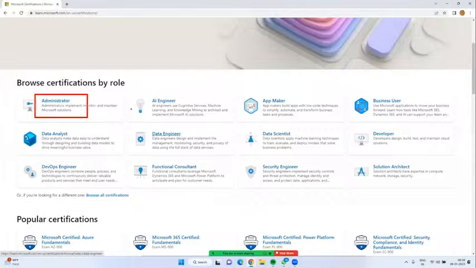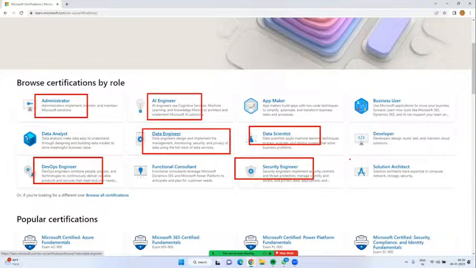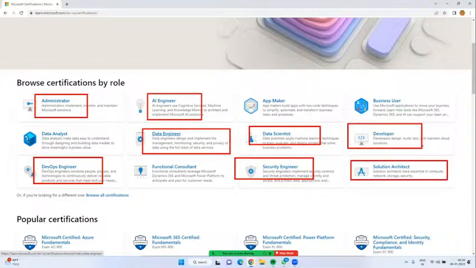We have administrator, artificial intelligence, DevOps engineer, data engineer, data scientist, security engineer, solution architect, and developer. I am looking for administrator with DevOps. Same way we have developer and solution architect.